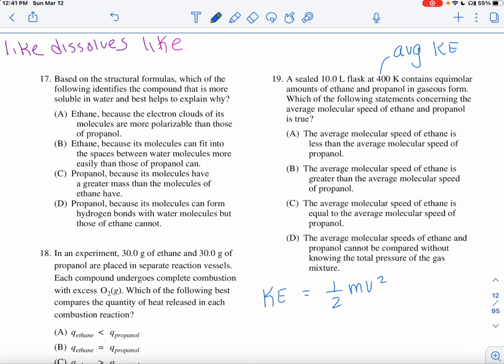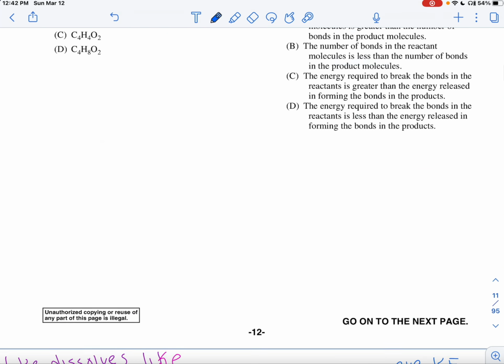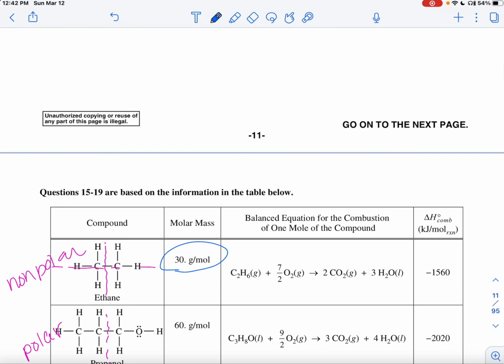So here, what the question is saying is, for both ethane and propanol, it's at 400. So it's going to be 400 no matter what for both ethane and propanol. But the difference is ethane has a 30 grams per mole mass.